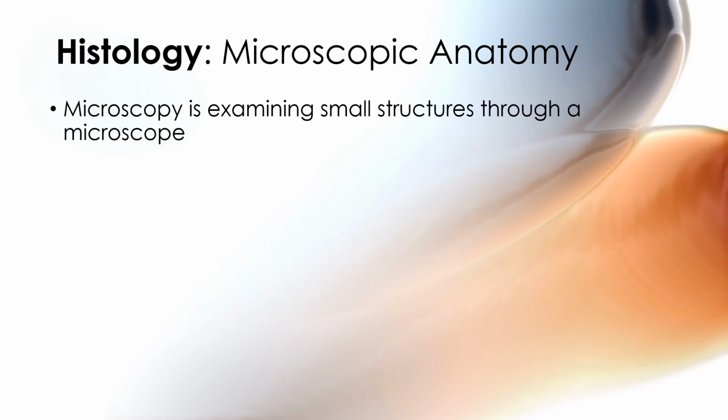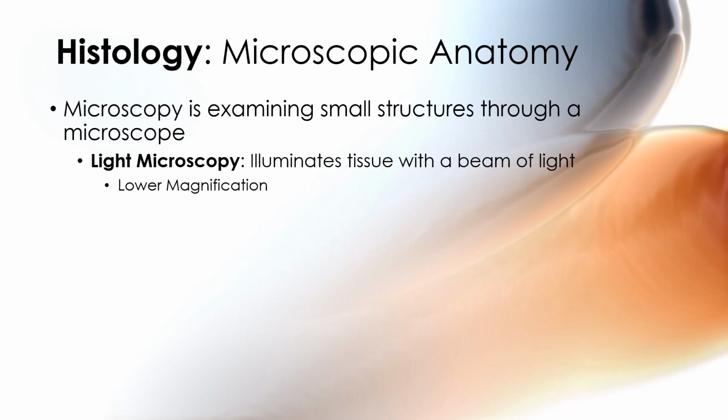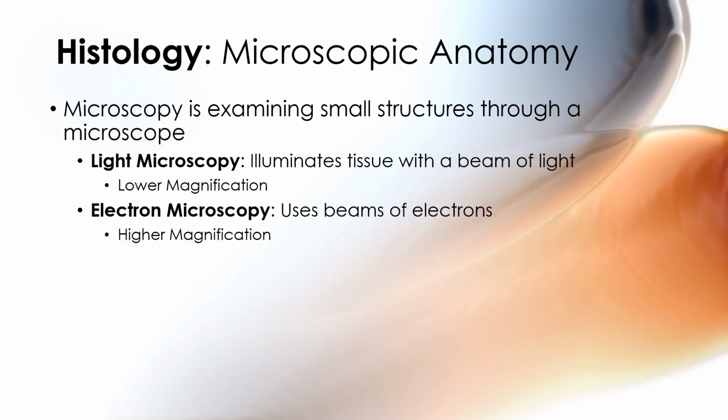Now we're going to switch gears again and talk a little bit about histology, or microscopic anatomy. We're going to look at very small things under a microscope. Well, how do we do that? What are some different types of microscopy that we will examine? Light microscopy is probably the most common way to look at tissues. It's a lower magnification.